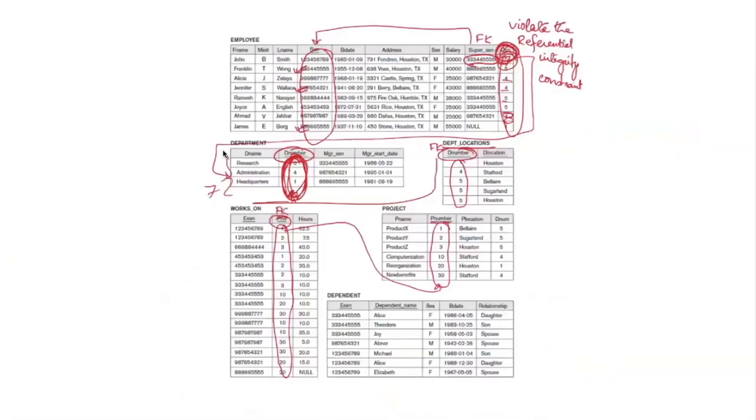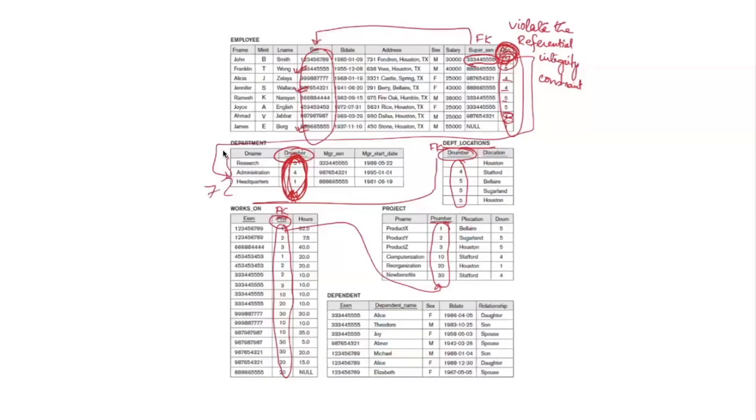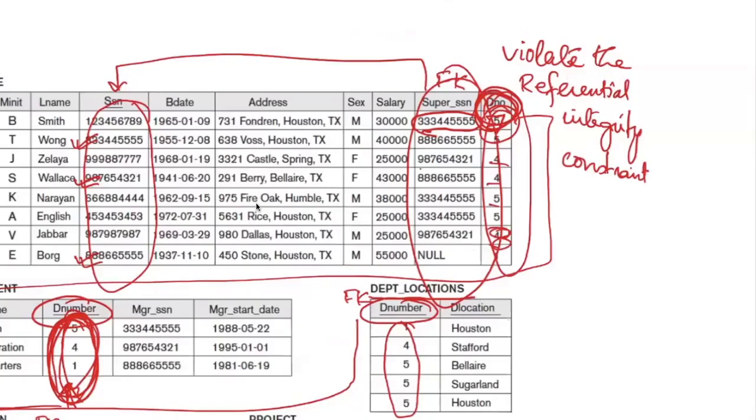If we go back to our screen here, let me show you this example, just what we explained here. Let's take the employee relation, the super SSN attribute. If you look at the super SSN attribute, you will see that this is a foreign key.